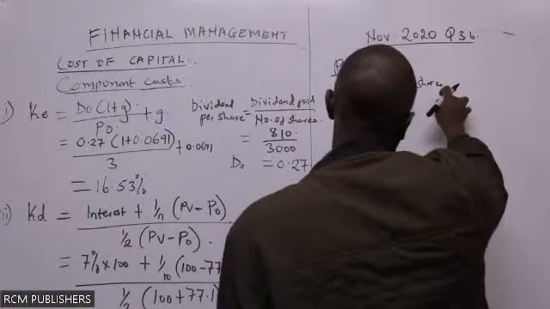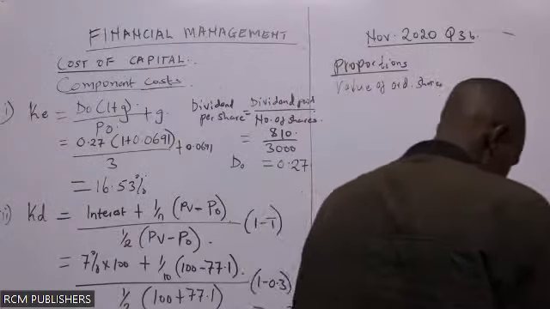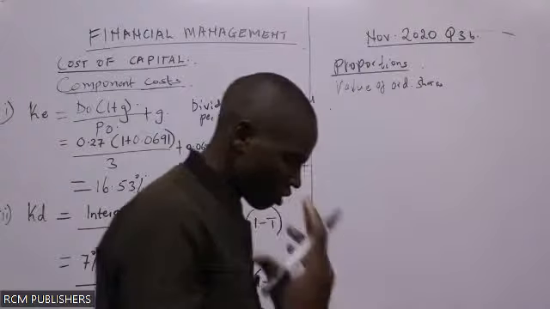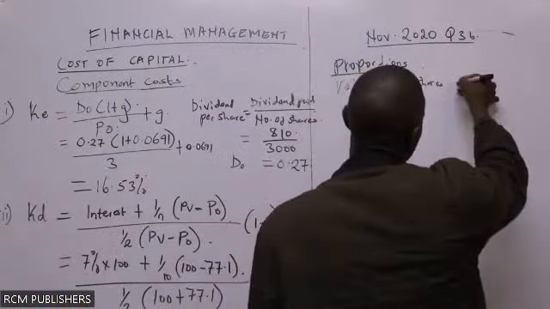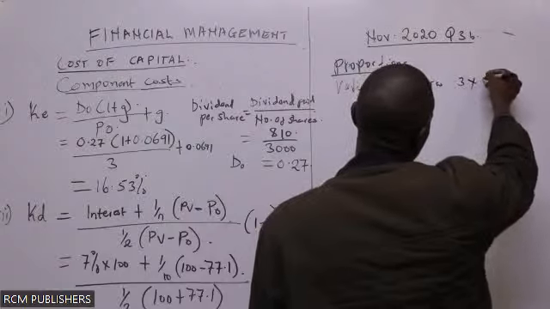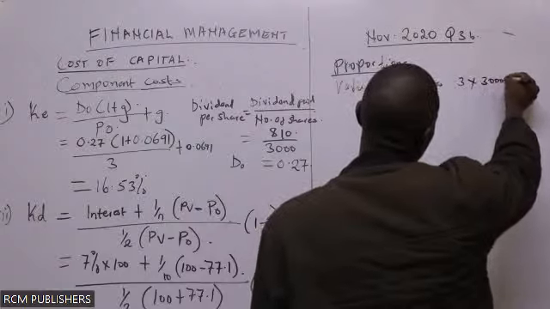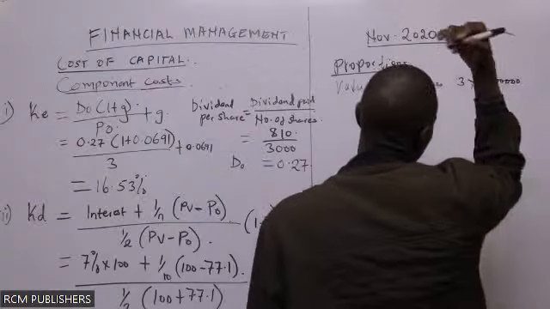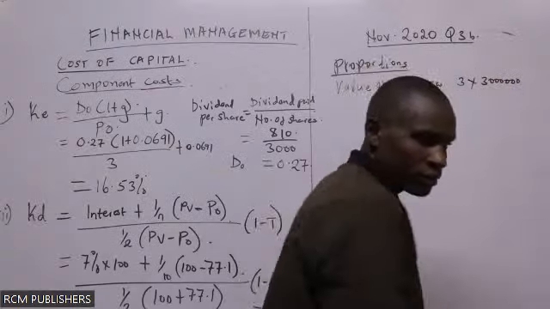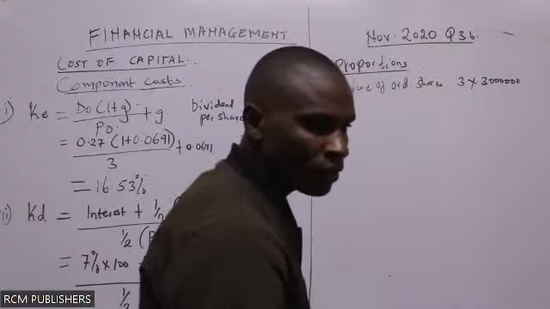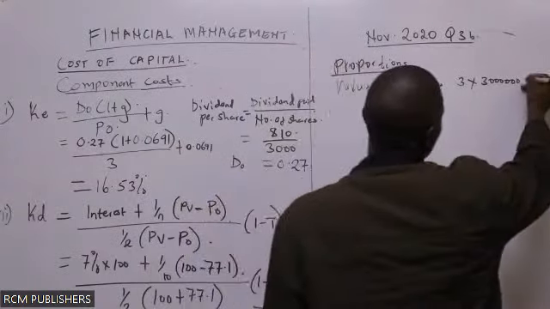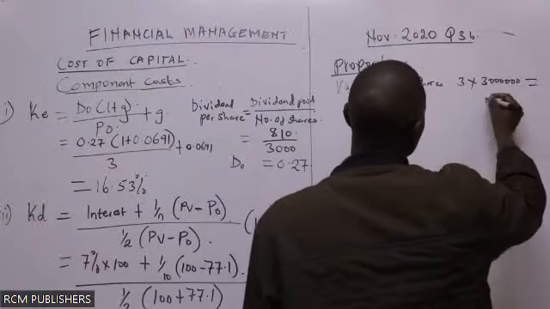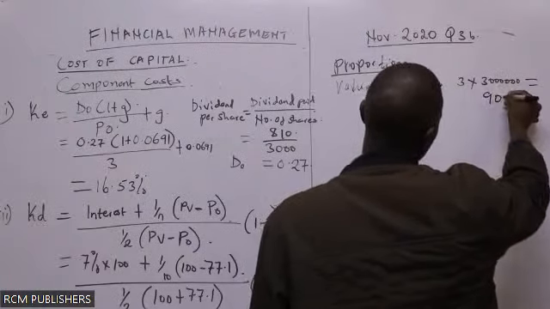To get the value of ordinary share, you get the market price times number of shares. Market price was 3 million times number of shares is 3 million as well. Therefore, my value of ordinary share will be 9 million.